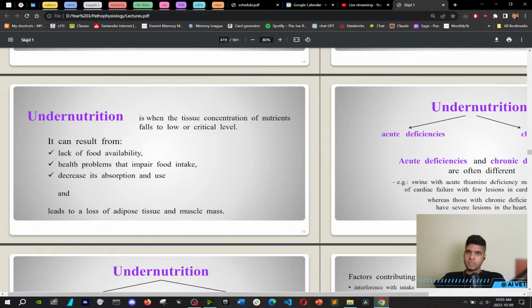So undernutrition is when the tissue concentration of nutrients falls to low or critically low. It can be from lack of food availability, health problems that impair food intake, decrease its absorption and use, and lead to loss of adipose tissue and muscle mass.